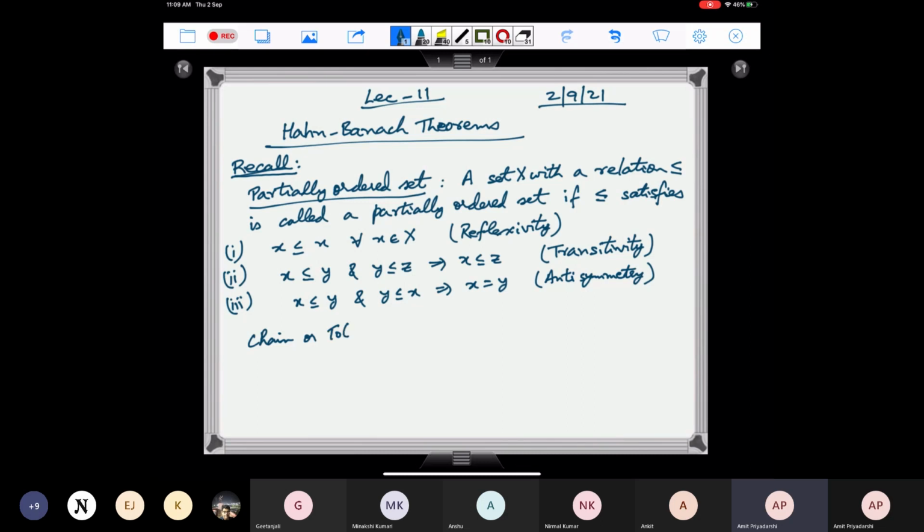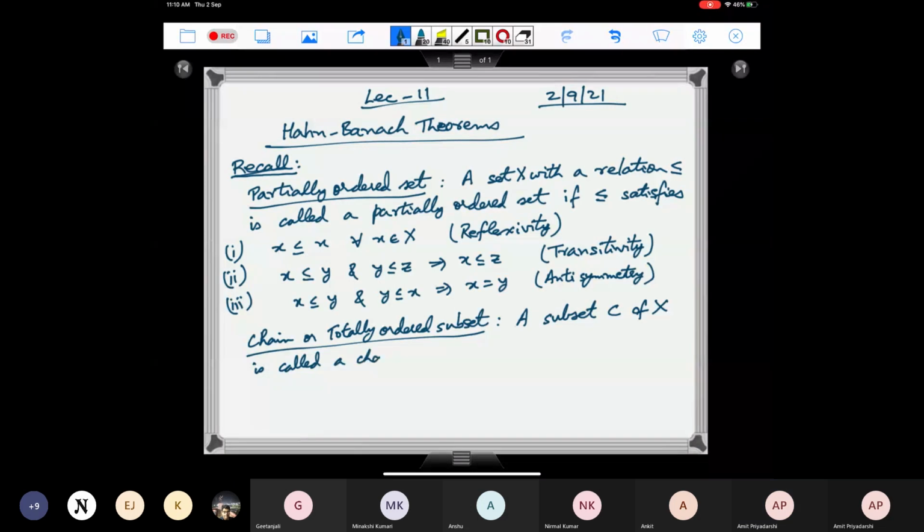Suppose I write, a subset C of X is called a chain if it has this property that any two elements can be compared.